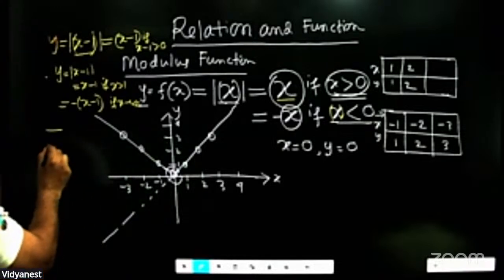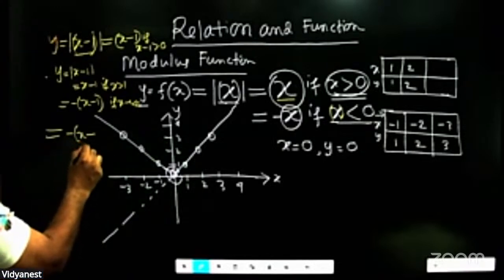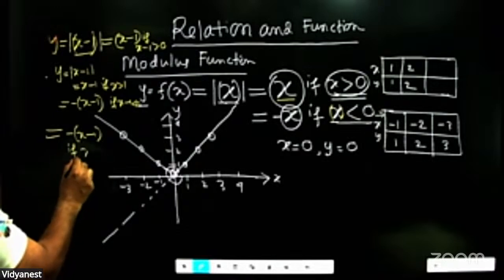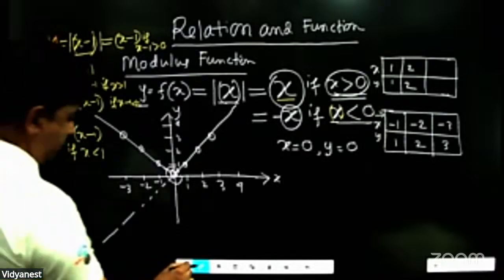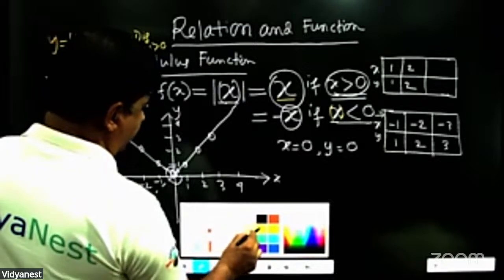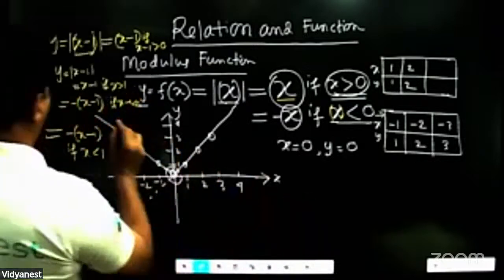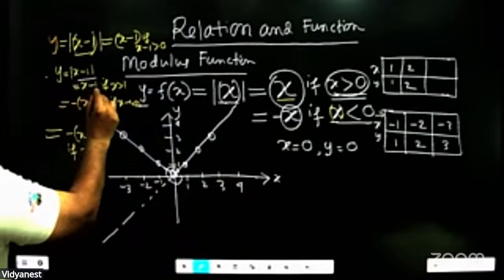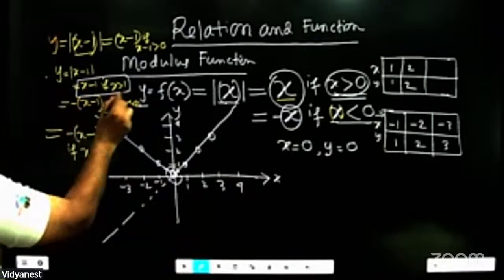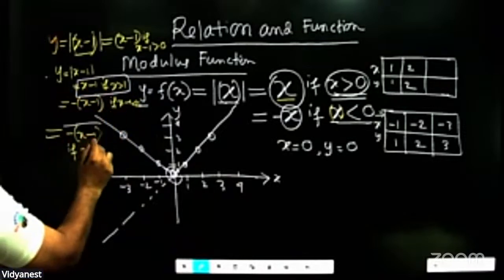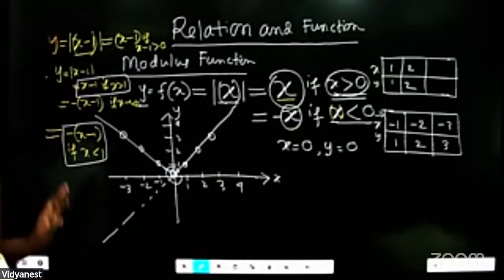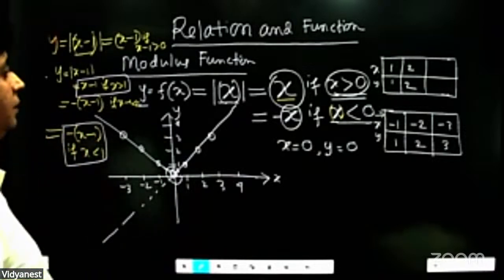That means y is minus x minus 1 if x is less than 1. So we have two conditions: x minus 1 when x is greater than 1, and minus x minus 1 when x is less than 1.